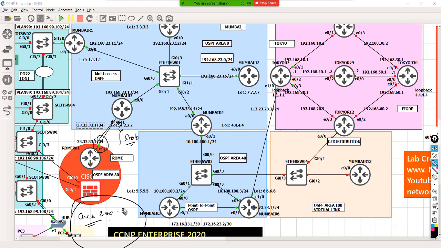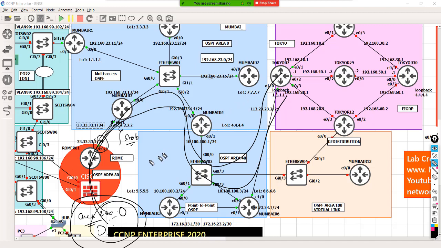Now, how are these users going to connect to EIGRP? That's going to hurt you and impact your network. There is no way this can reach out to EIGRP. So, instead of stub, what I would do is NSSA, which is called not-so-stubby area.